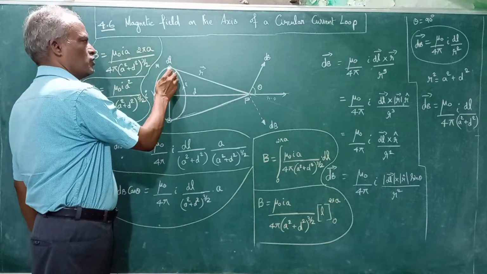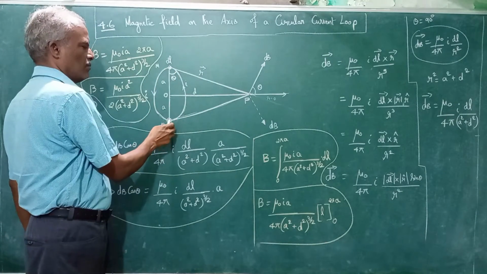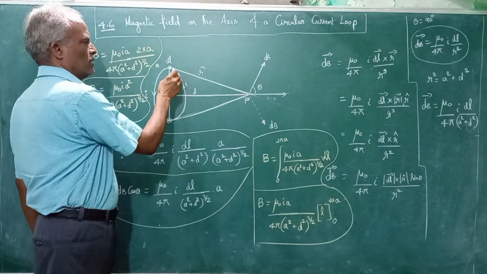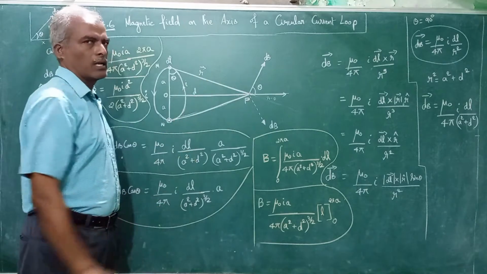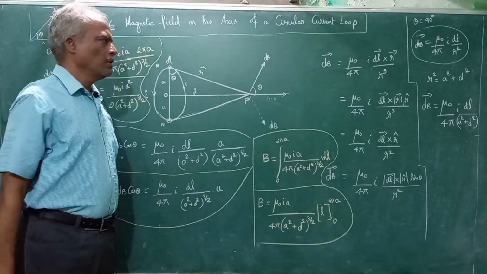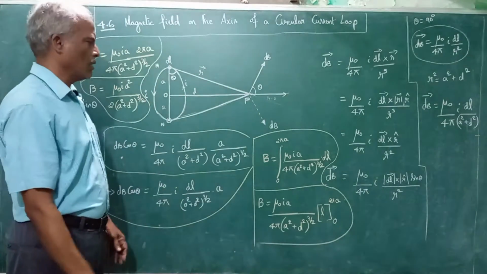Now we take a small current element dl here and similarly dl here also. The distance between this point, say M, and this point P is r, and it is directed towards P, so we say it as r vector.